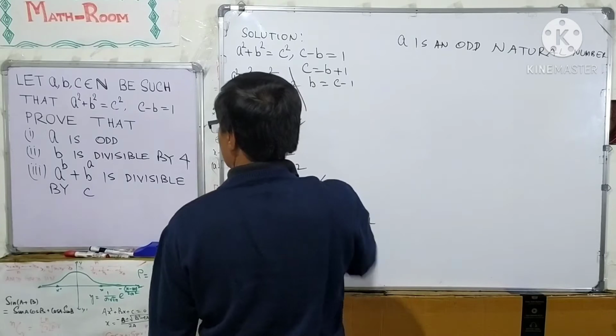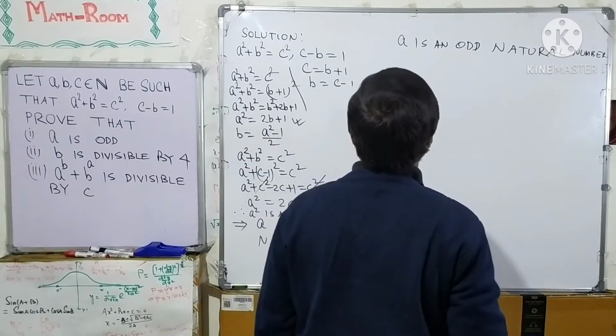We go to the second proof, that is b is divisible by 4.